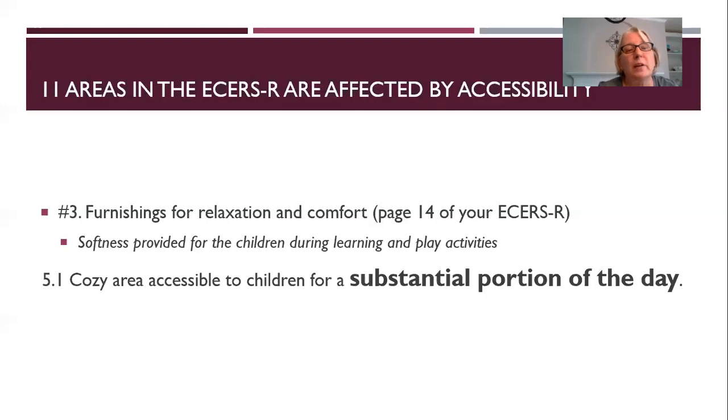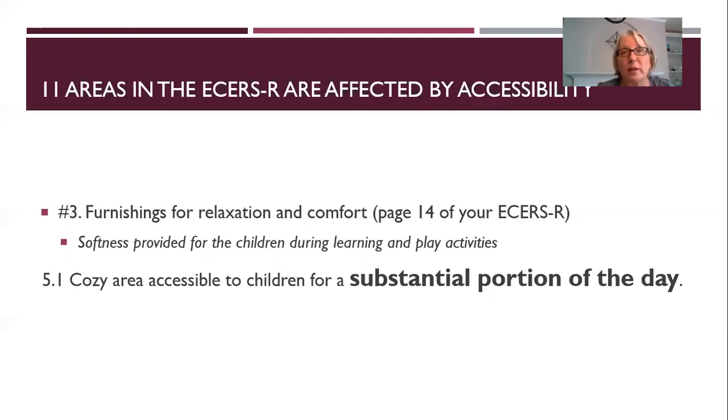The first place in your ECERS-R on page 14, you're going to see number 3, furnishings for relaxation and comfort. Basically your cozy area. Any place that there's softness provided for the children during their learning and play activities. You're going to see it come up under number 3 under 5.1. Cozy area accessible to children for a substantial portion of the day. If you look on that page 14, that's exactly where you'll see it.